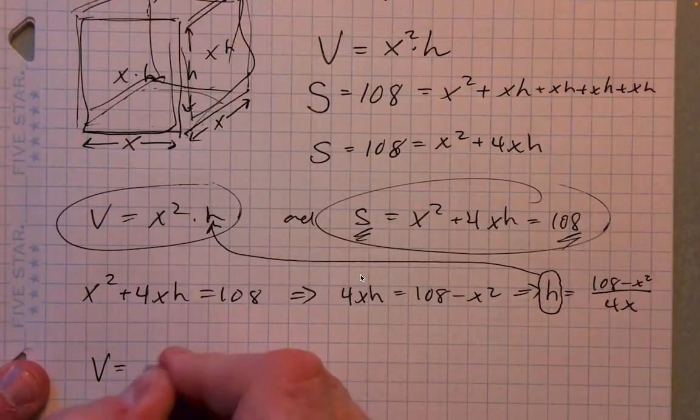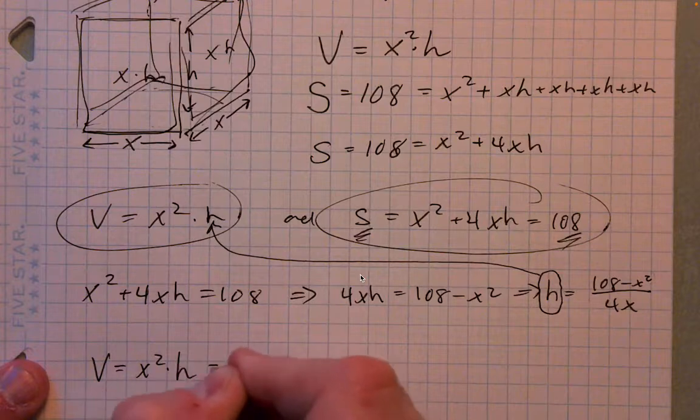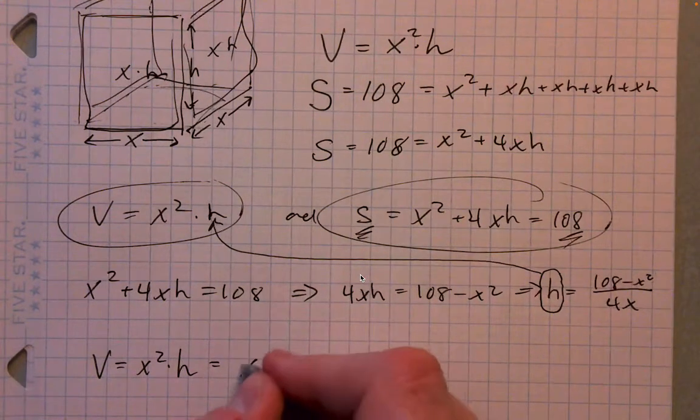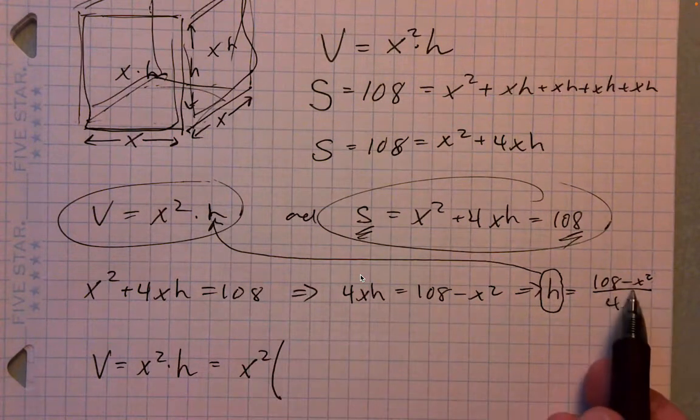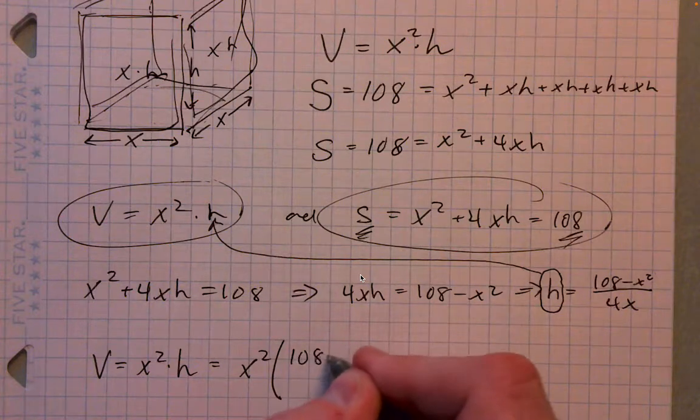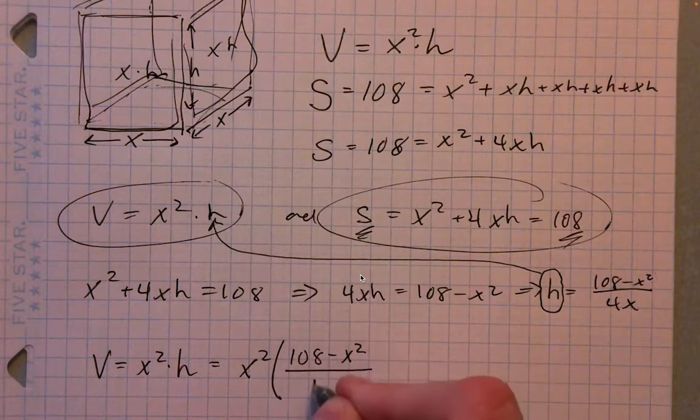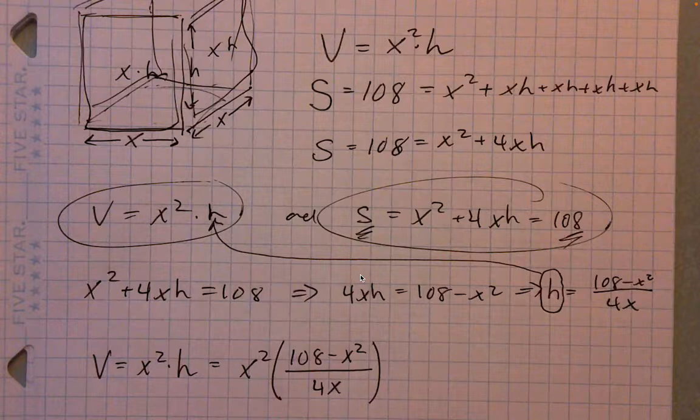So V equals x squared times h. Well, that is x squared times 108 minus x squared over 4x. Okay, and we could clean this up a little bit.